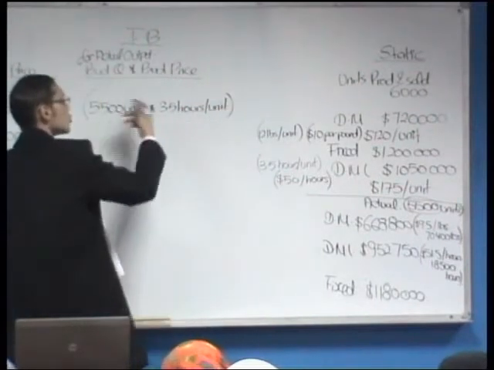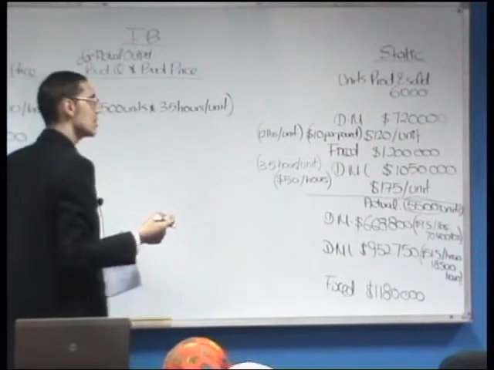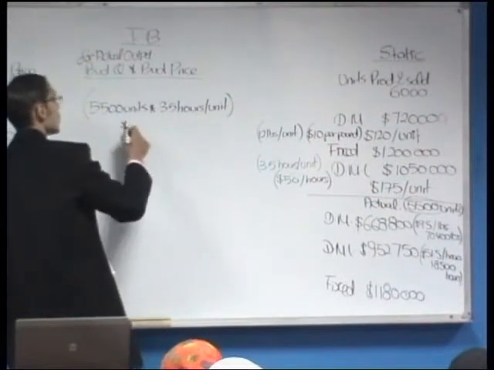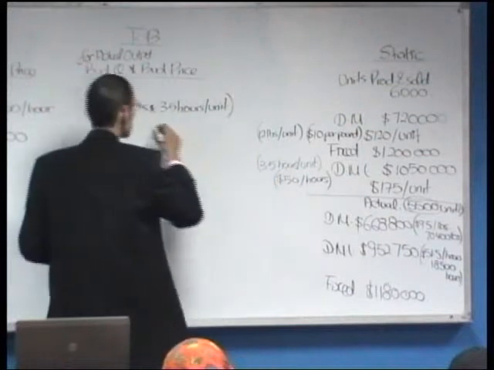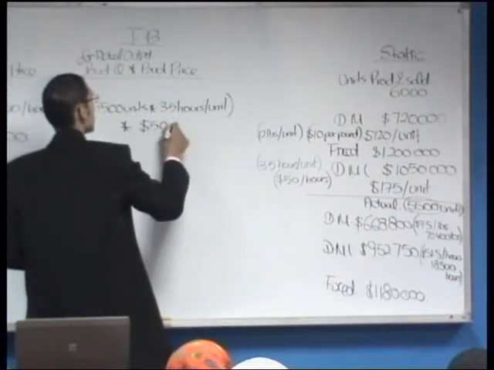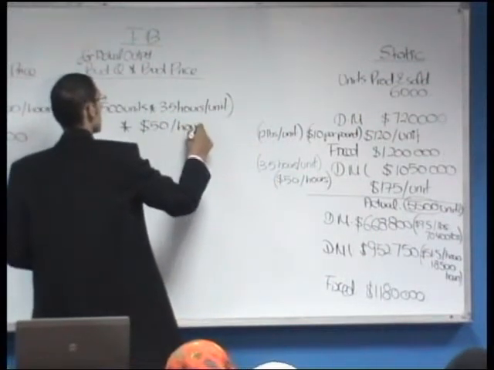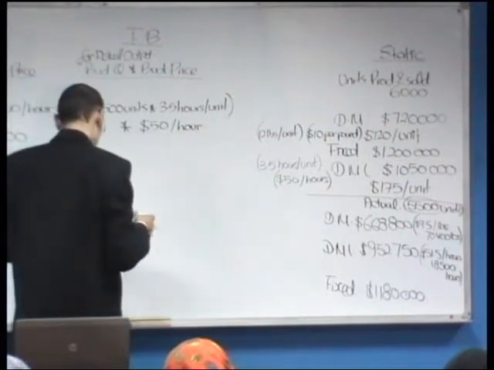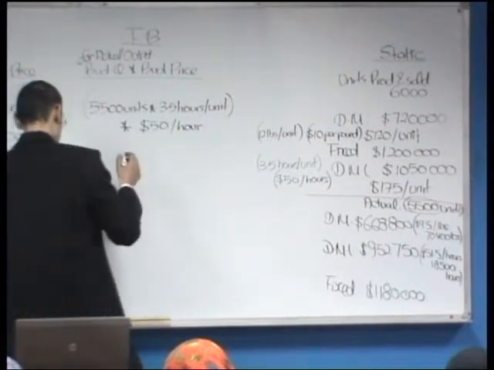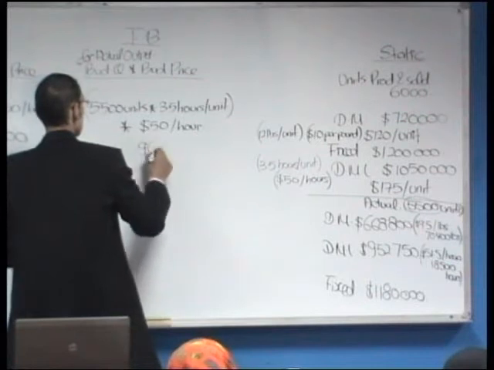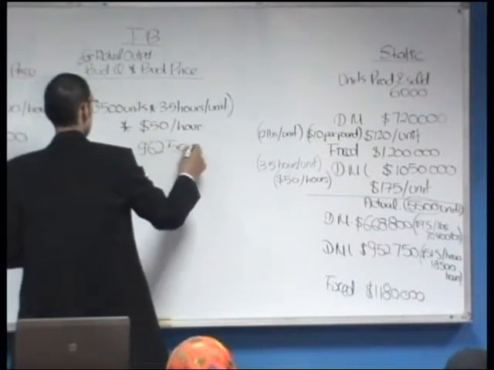This is the budgeted quantity multiplied now by the budgeted price according to our question, $50 per hour. Therefore, the flexible budget amount would be $962,500.